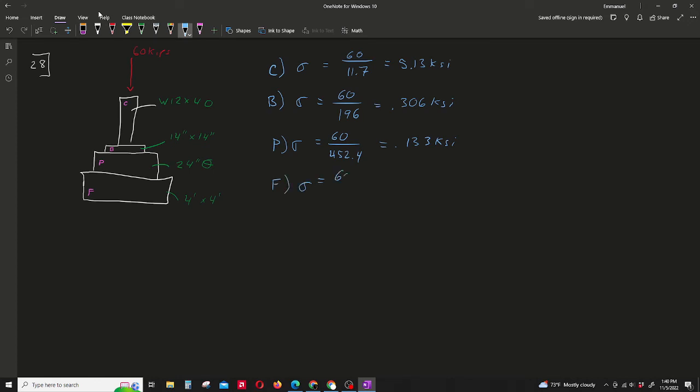And we get 60 over 16, which is equal to 3.75 KSF. And recall or take note that I'm calling this KSF, which is kips per square foot rather than kips per square inch.